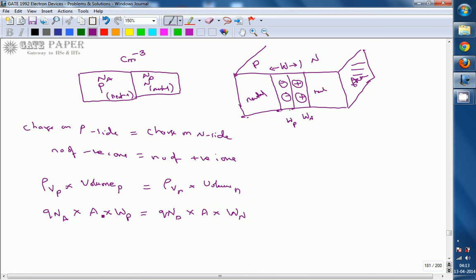So Q cancels, A cancels. What you get is Na into Wp is equal to Nd into Wn. This is a very important equation.